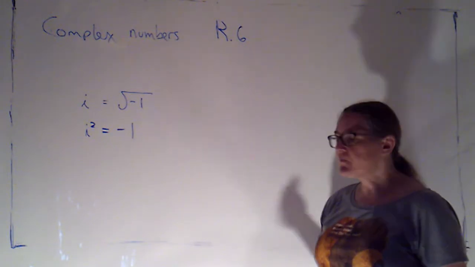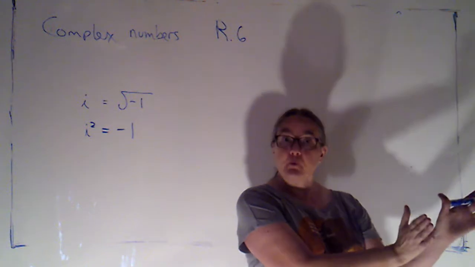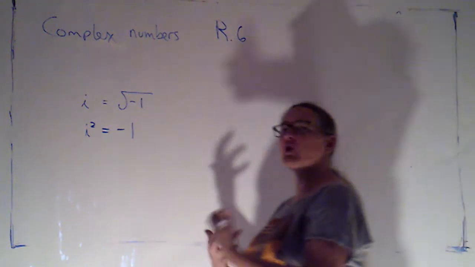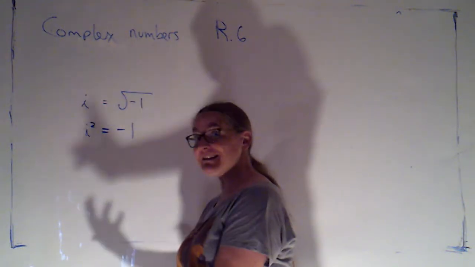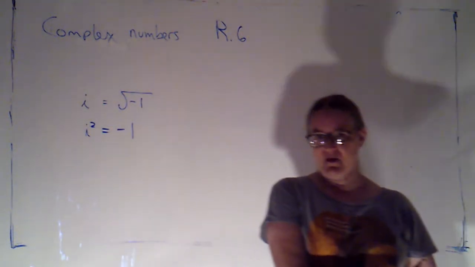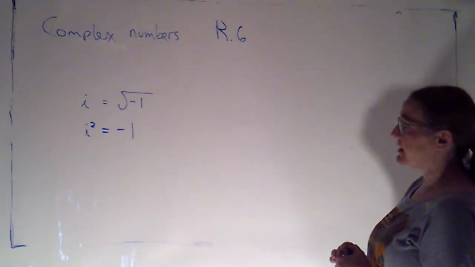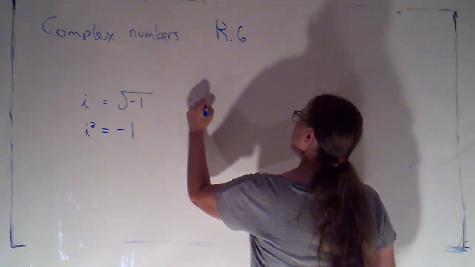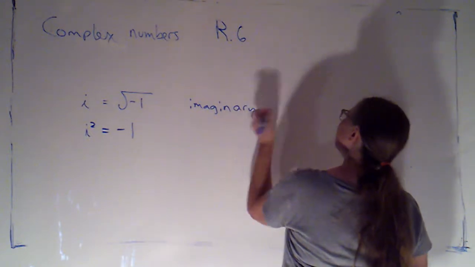And also, sometimes, even if I'm trying to solve a problem with real solutions, it's easier if I allow myself to work in the complex numbers, because some things work out more nicely in the complex numbers than in the real numbers. Okay. So, we're going to allow ourselves to work with this. We call i the imaginary unit. It's an imaginary number. That's why we call it i. Okay.